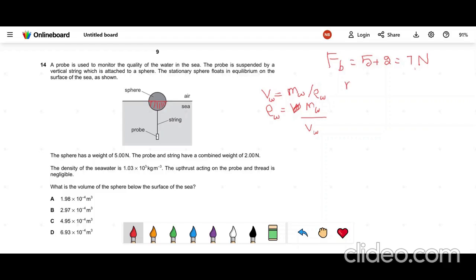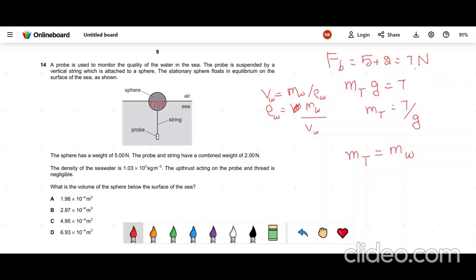We know that the mass of the sphere and the string, the total mass, into gravity will be 7 Newton. So total mass will be equal to 7 by g. The total mass can displace the same amount of water from the sea.